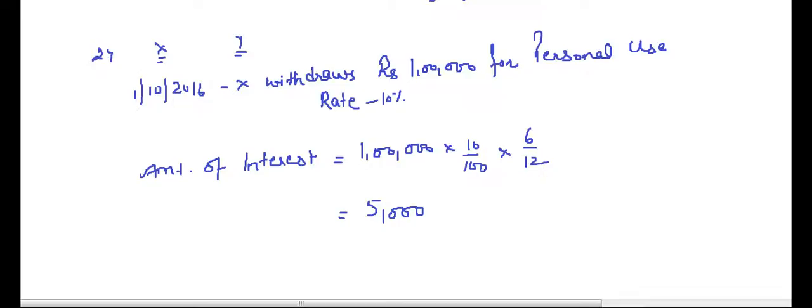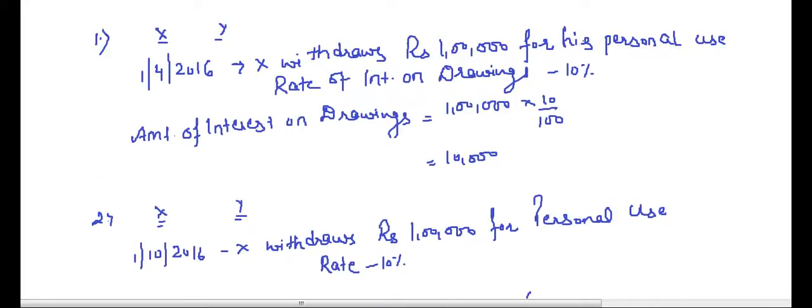See, these are very simple cases I have explained. X withdraws money on the very first day of the accounting period, and he is using this money for the whole year, so we will charge interest for the whole year.